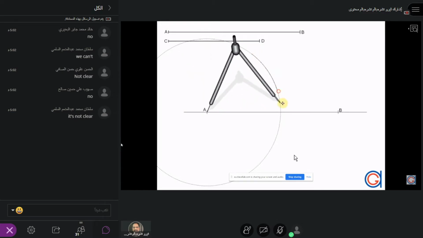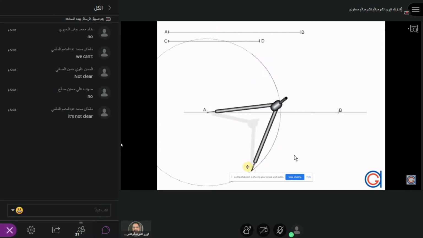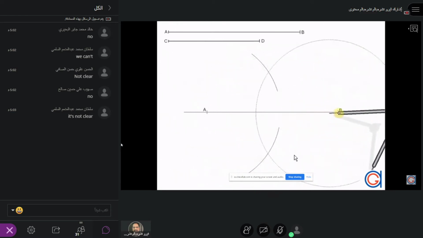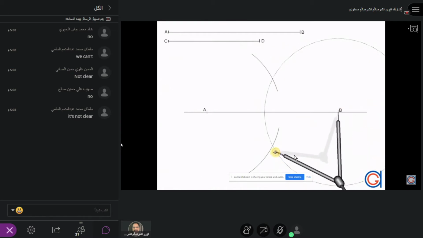To draw this perpendicular bisector, firstly we must draw two arcs centered on both ends of our axis AB. These arcs are going to have the same radius. The only condition is that the length of the radius must be longer than half the length of the axis AB.